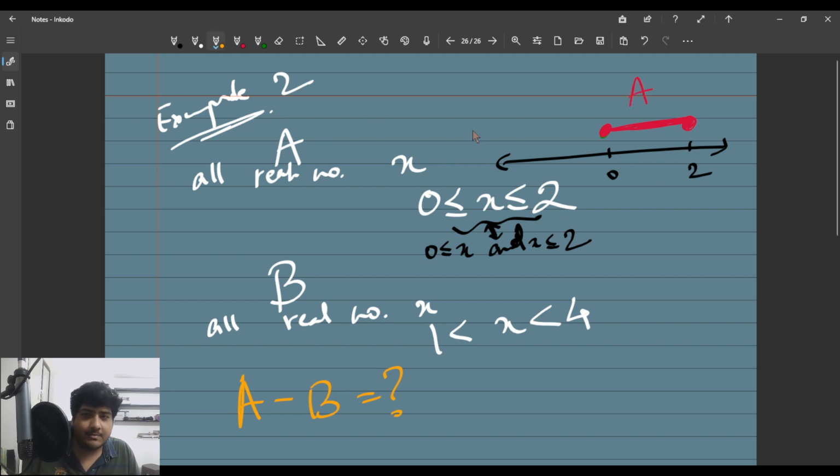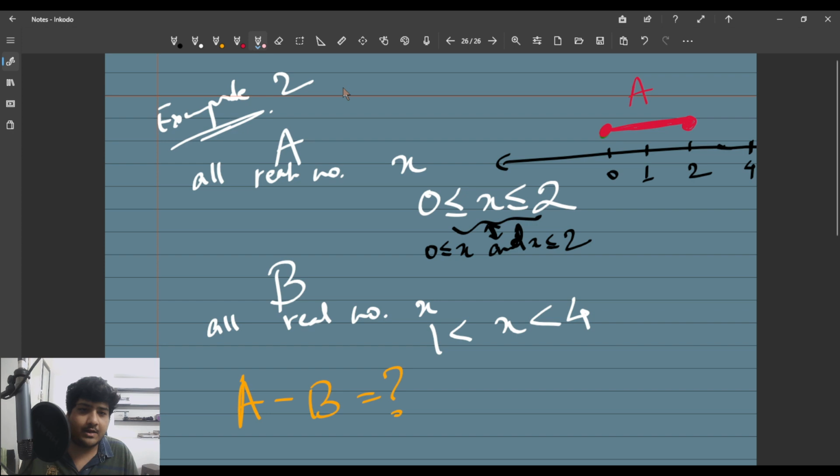And what is B? I'll write it on the same number line if possible. So 4 would be somewhere here and 1 is somewhere here. So B is all numbers between 1 and 4, but you exclude 1 and you exclude 4.